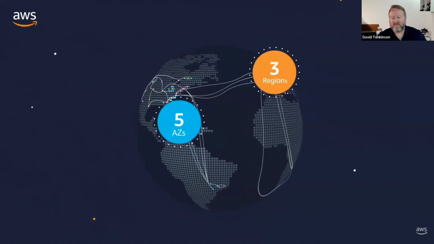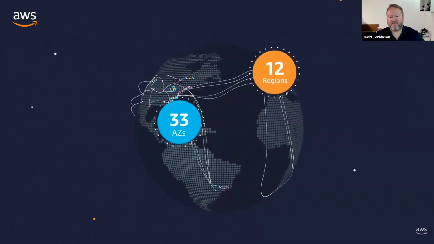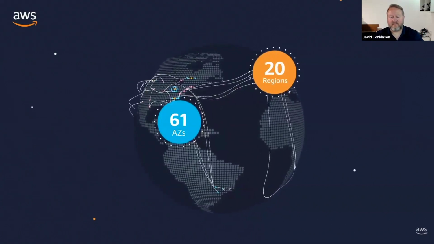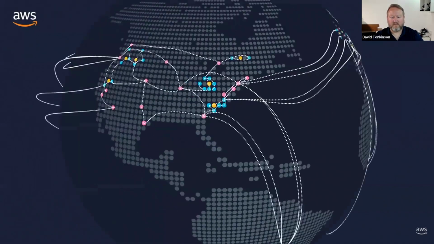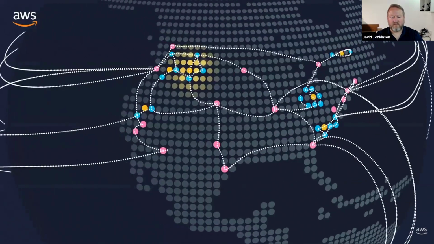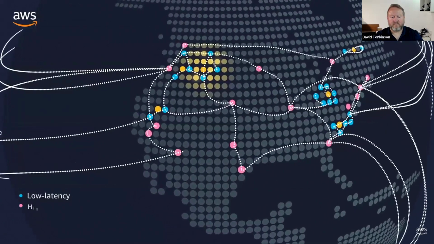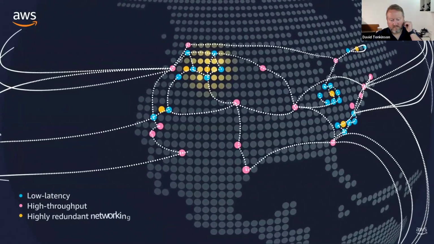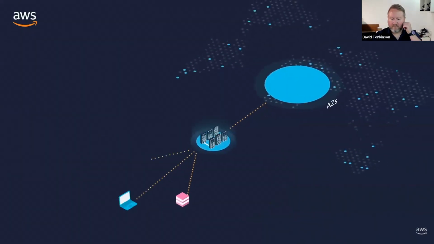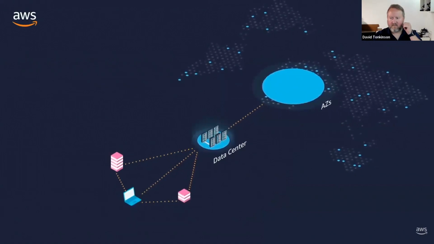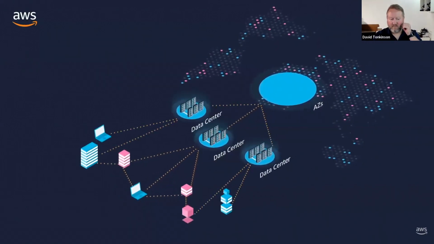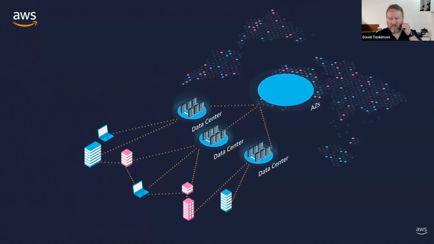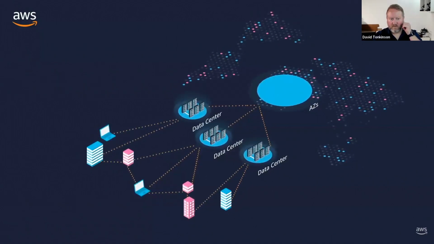AWS offers the world's largest global footprint with 66 availability zones, or AZs, across 21 regions. Each region has multiple AZs, separated and isolated from one another, and connected by low latency, high throughput, and highly redundant networking. These AZs offer easier and more effective design and operation of applications and databases, ensuring higher availability, fault tolerance, and scalability than traditional single data center infrastructures.